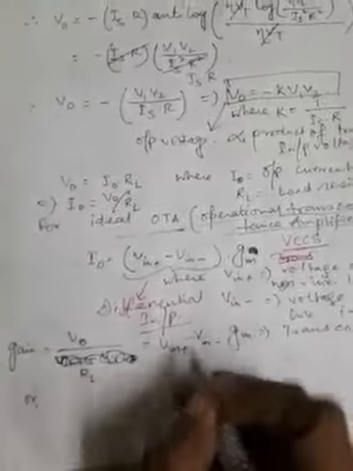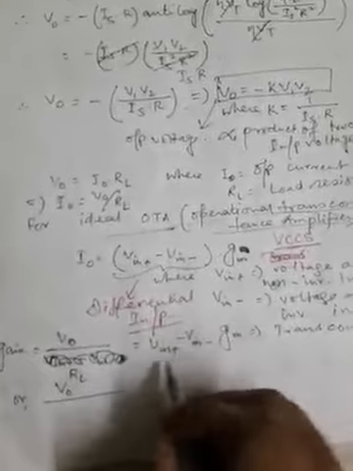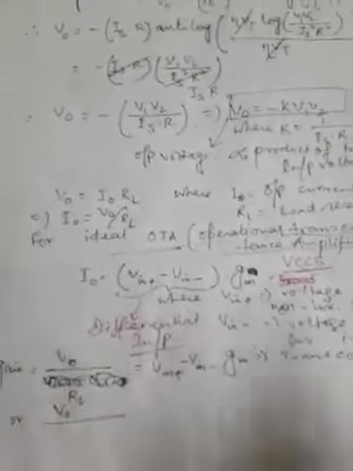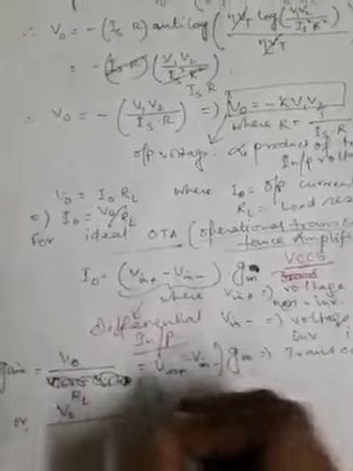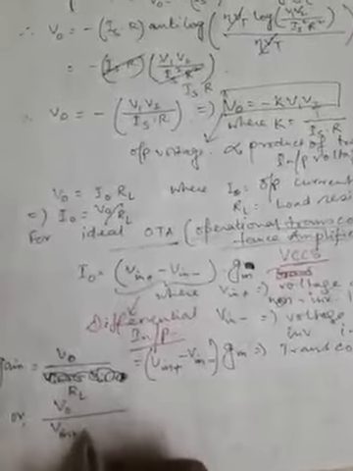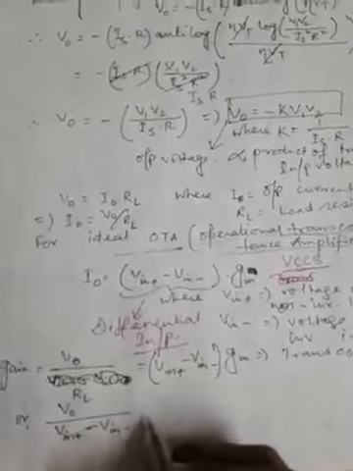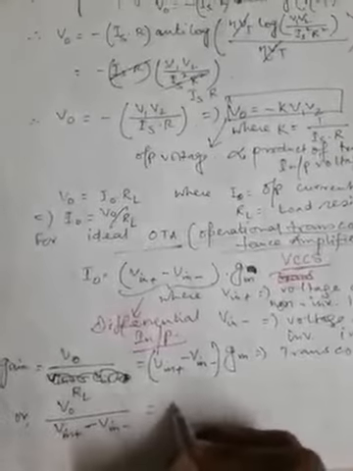Now if we shift the positions, taking this in the denominator and RL on the right side, VO divided by V in plus minus V in minus is given by RL into GM.